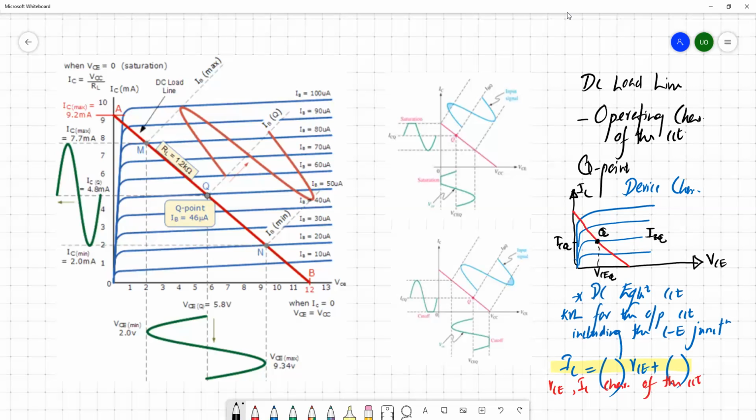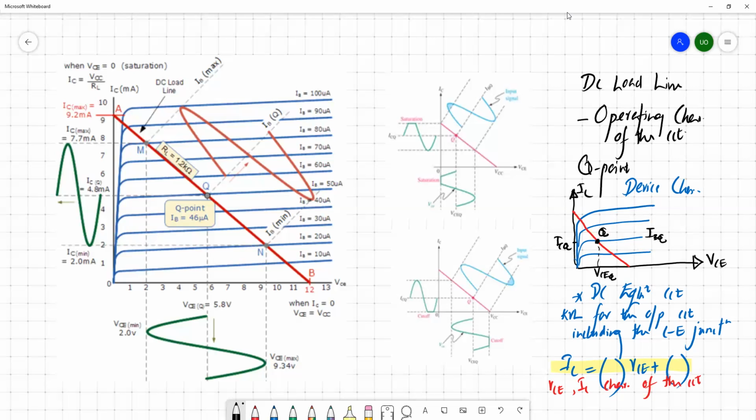Based on those parameters, we can find what resistors to place in this circuit to push the transistor to operate at the given Q point. Now you have an idea how we get the DC load line, and how we place the Q point on the load line.